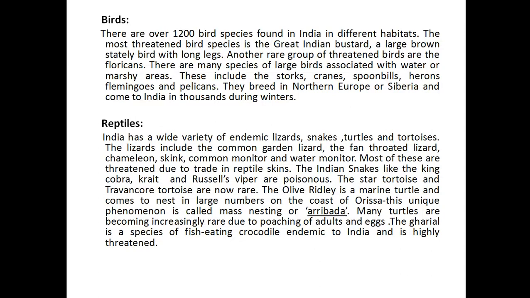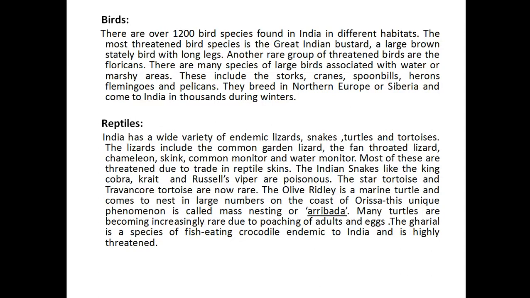There are many species of large birds associated with water or marshy areas, and these include the storks, the cranes, the spoonbills, the herons, flamingos, and pelicans. They breed in northern Europe or Siberia and come to India in thousands during winters. That means they are migratory birds and migrate to India during the winters.